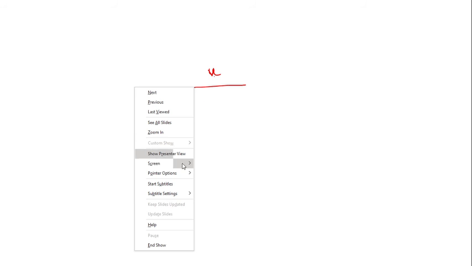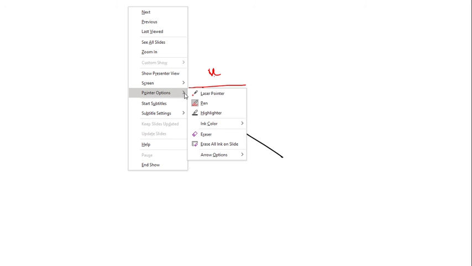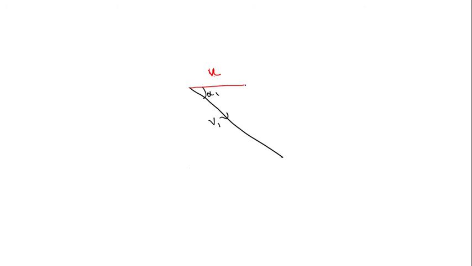Okay, so then this is our alpha 1 and this is our V1. Then this is our beta 1 and this is our VR1.